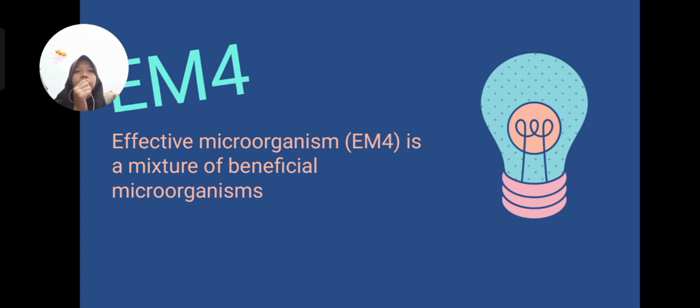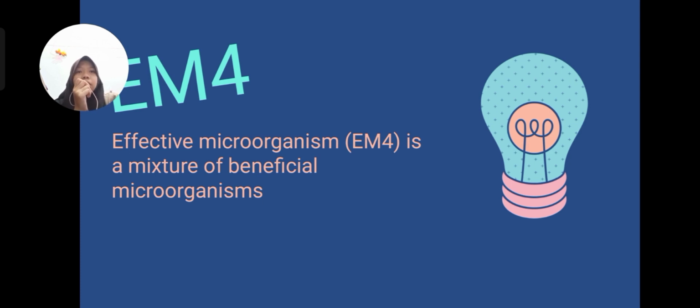Effective microorganism or EM4 for plants does not work directly. EM4 will accelerate the fermentation of organic matter so that the nutrient content will be absorbed and available to plants.